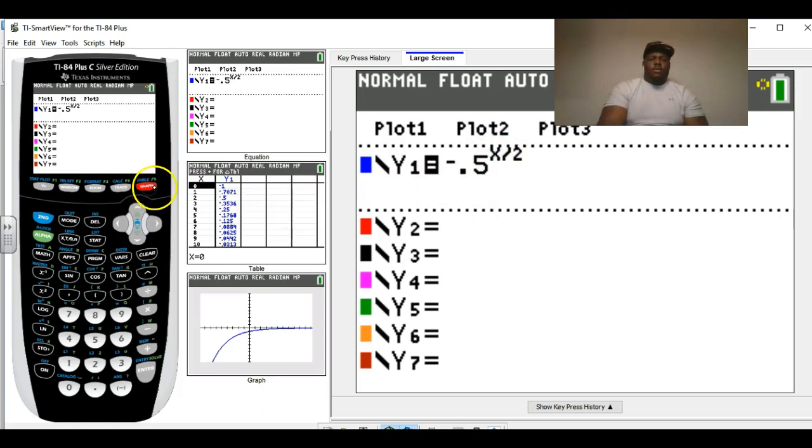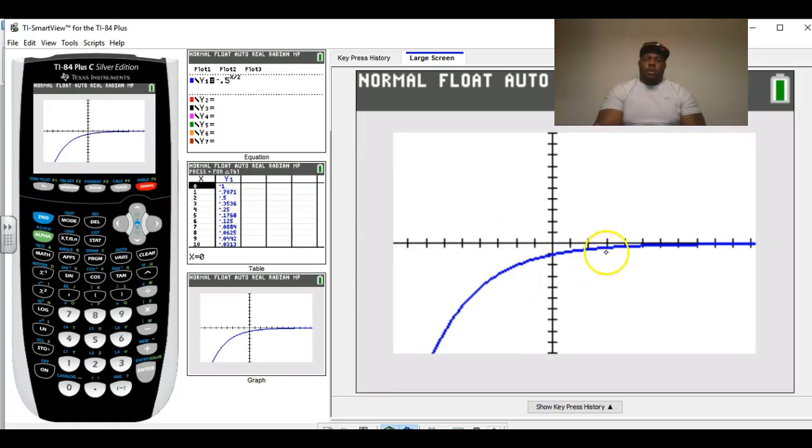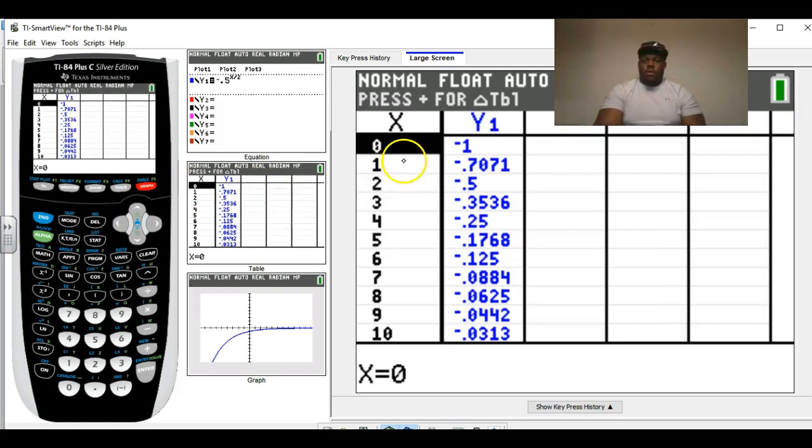When I hit graph, here's what I got. And there's my function. This gets closer and closer to 0, but never crosses it. Horizontal asymptote for y equals 0. That y-intercept, I'm going to look at my table. Second graph. My y-intercept is 0, negative 1.